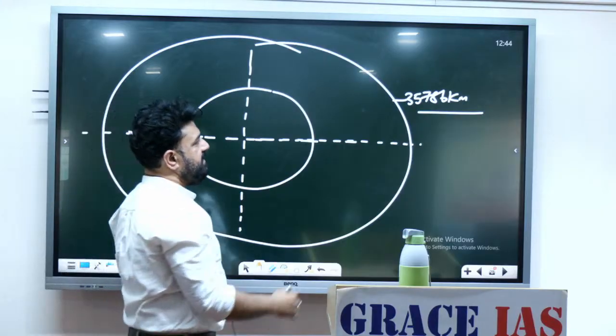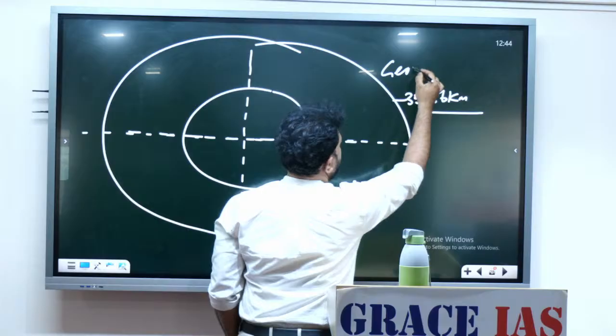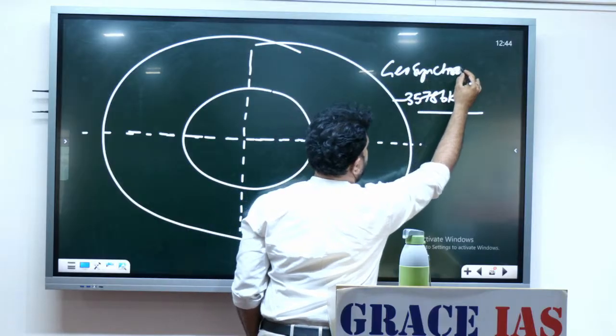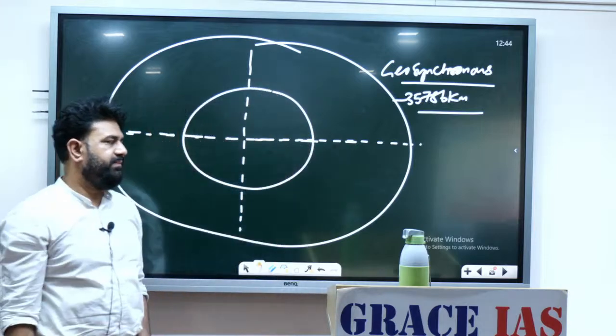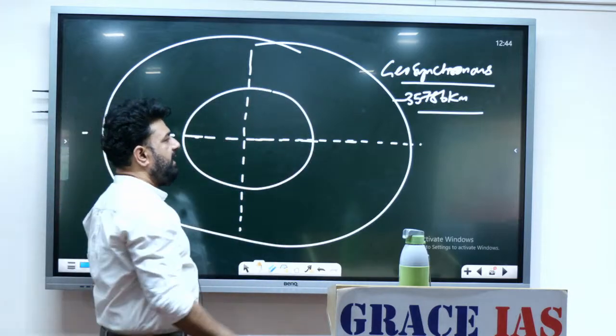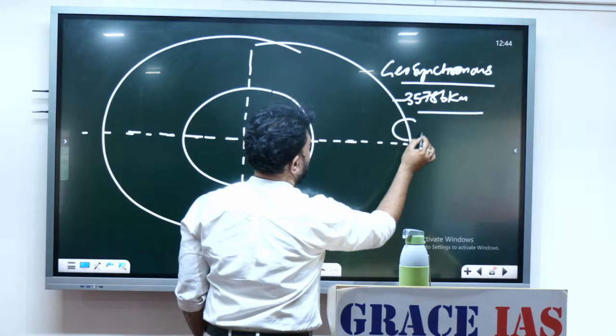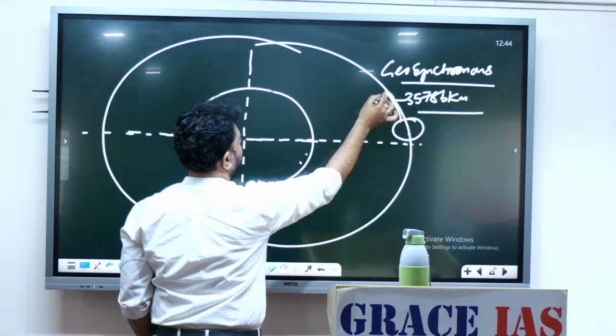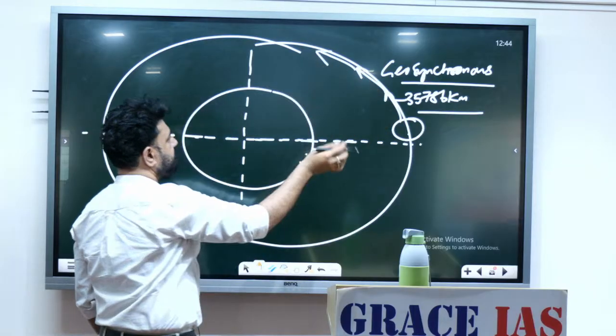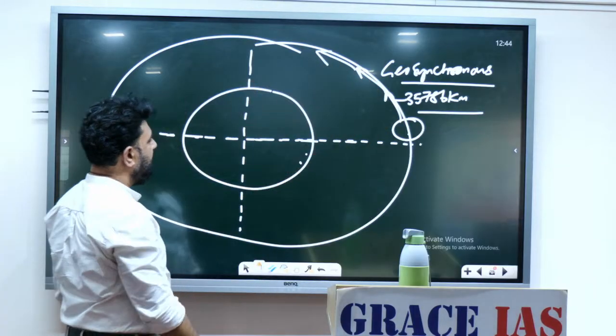This orbit is the geosynchronous orbit in general, and objects in this orbit move in accordance with the movement of the earth.